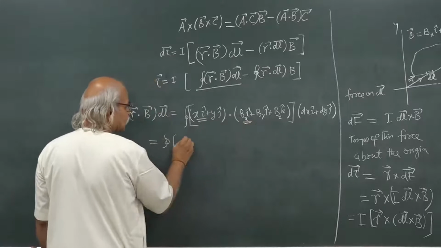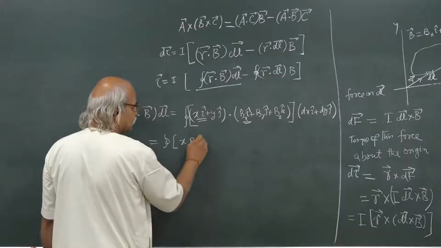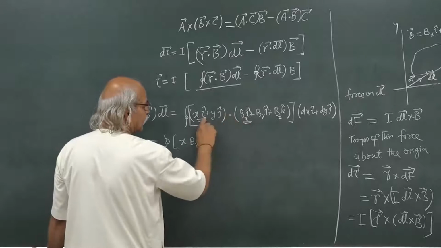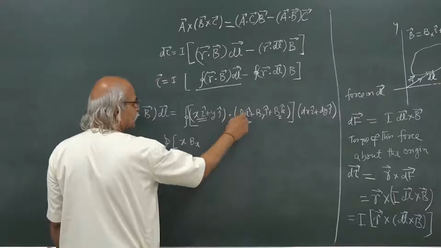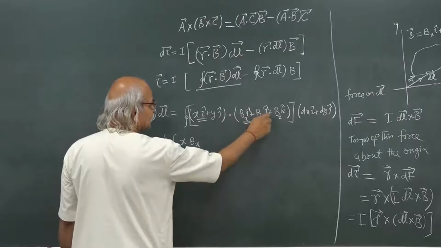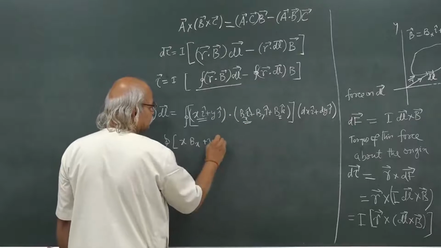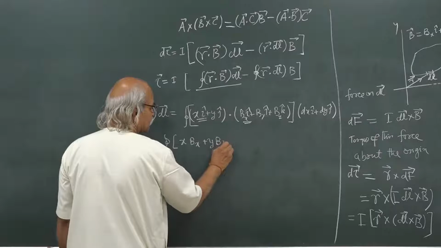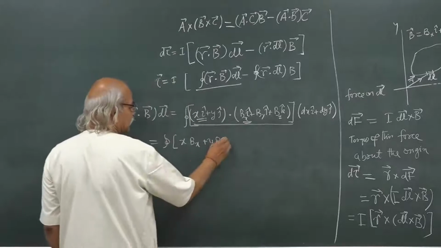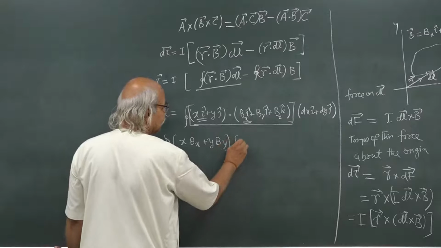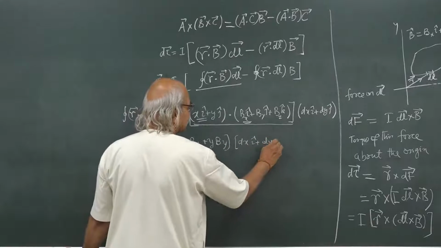So it is x and then bx. I dot j is 0, I dot k is 0, then j dot I is 0, and then j dot j is 1. So plus y and then this by. This is this part, this is this part, and then you have dx I cap plus dy j cap.